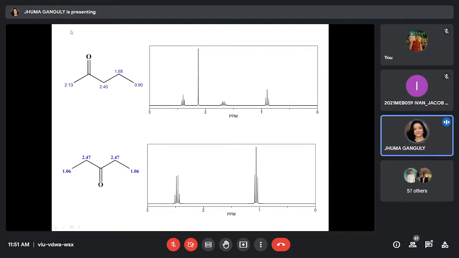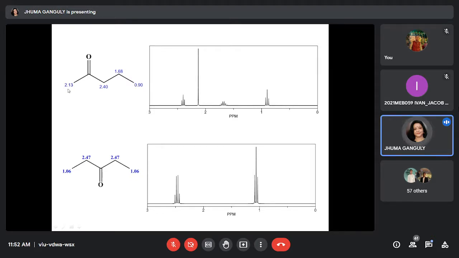So here, how to identify 1.68? This CH2 has two protons from the neighboring side and 3, so 2 plus 3 is 5, plus 1 is 6. So this is a sextet. This is the one at 1.68.